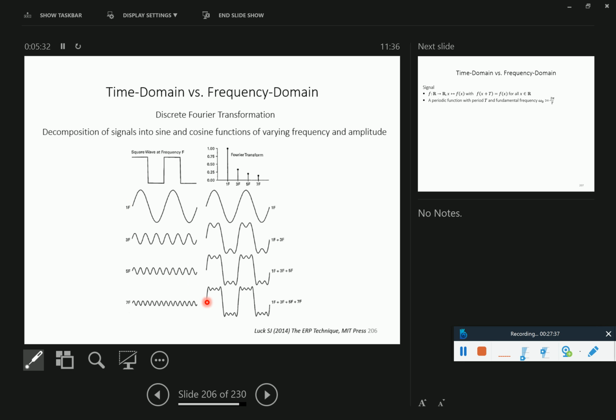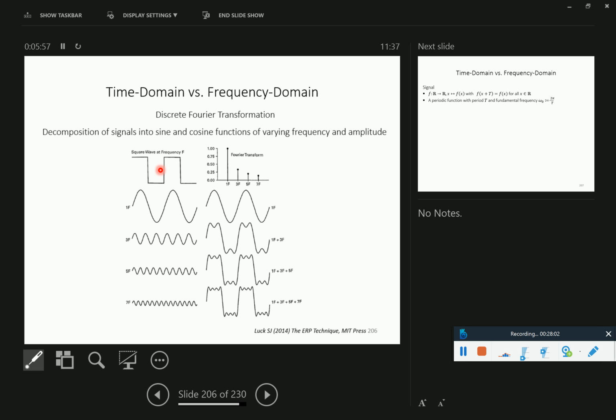So here, what is shown is how you try to recreate a square wave, which is kind of a special case already, by adding sine waves of given frequencies, and by adding these four here, creating something that looks more and more like the square wave.